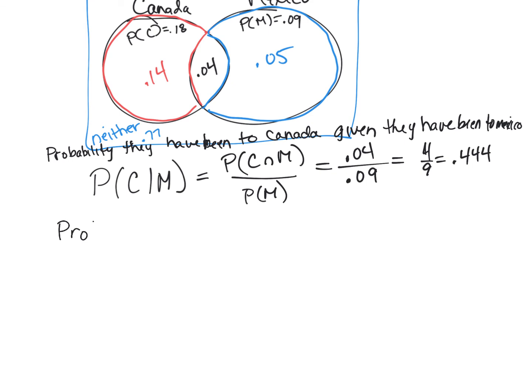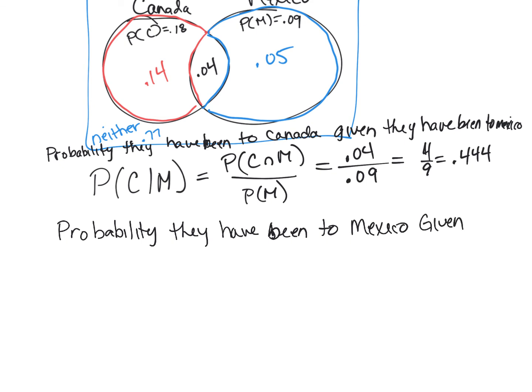So next one is what's the probability they have been to Mexico given they've been to Canada? So that's the probability of M given C.